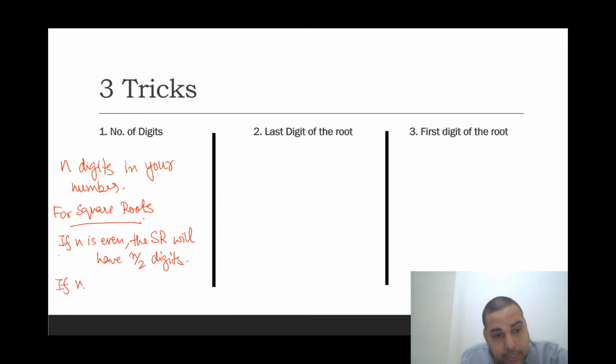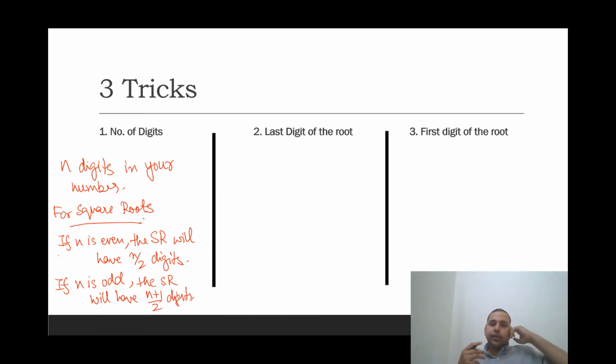If n is odd, okay, what happens if n is odd? Then in that case, the square root will have n plus 1 by 2 digits.